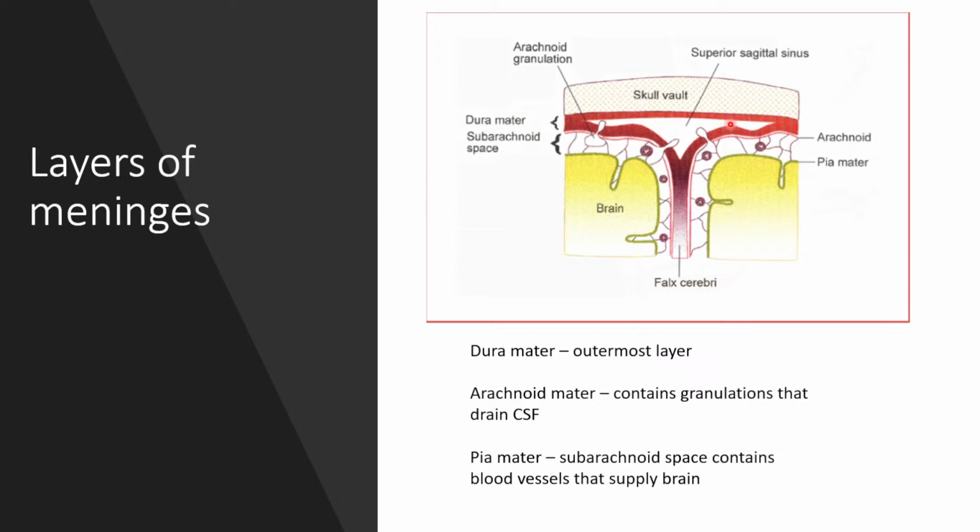This pia mater is important because there's a subarachnoid space where you get blood vessels which supply the brain, and these are important for its blood supply. You also get hemorrhages in all these spaces, so you can get hemorrhages in the subarachnoid space. You can get hemorrhages within the dura, so it's a subdural hemorrhage, or you can get hemorrhages outside the dura, which is what we had in this scenario.